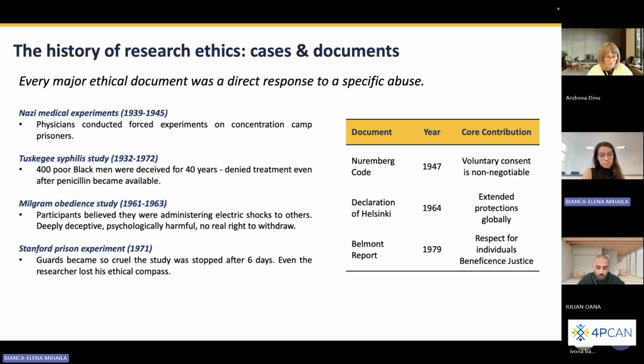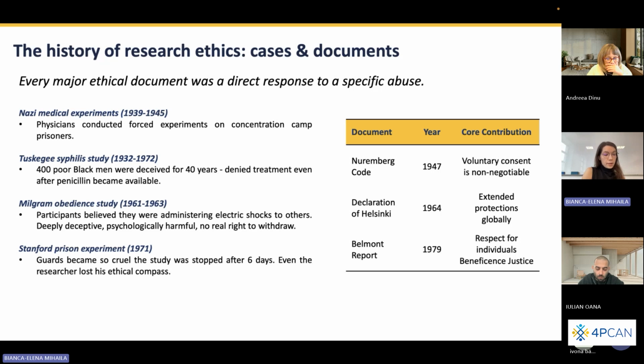Maybe some of us will consider that this subject of ethics relates to something that is given by some abstract philosophical debate, but there is a direct line between some historical events and each document that followed these events.